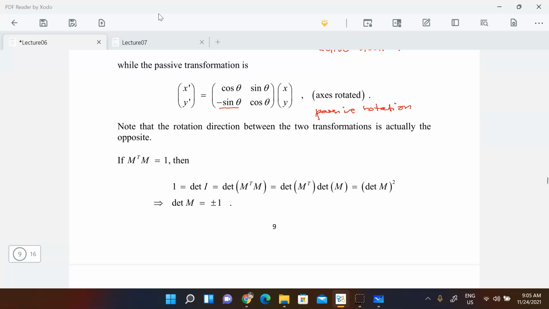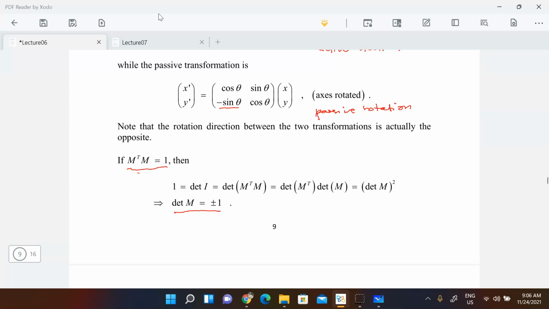The orthogonal matrix, which represents in this particular case the rotation matrix, obeys this condition. If you take this equation and take the determinant of the whole equation, then you will obtain this particular identity.